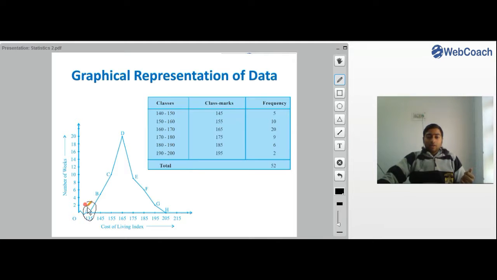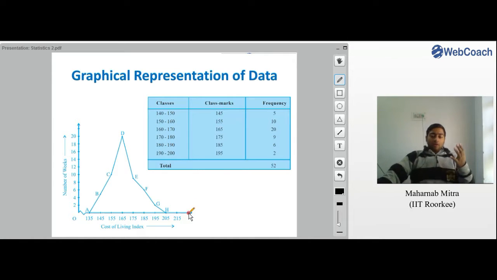So what we have done, we have added 135 at the beginning, 205 at the end, and plotted the corresponding class marks on the graph according to the frequencies given, and joined every point with a straight line, and therefore we obtain our frequency polygon without the help of a histogram.